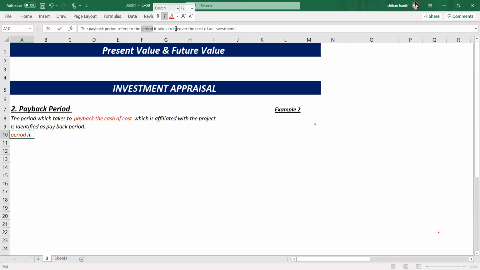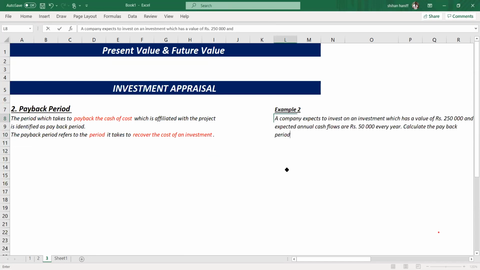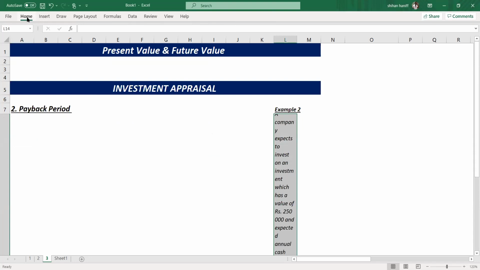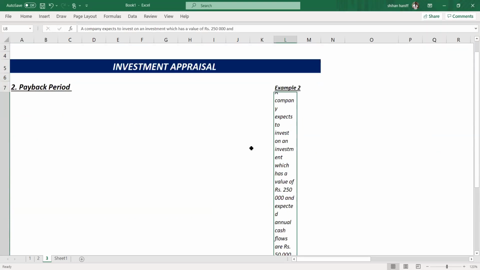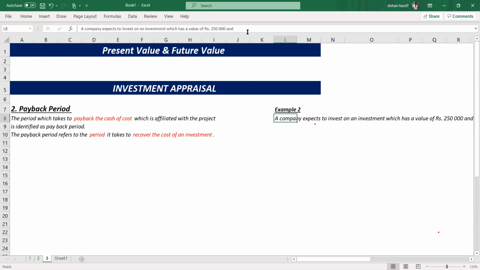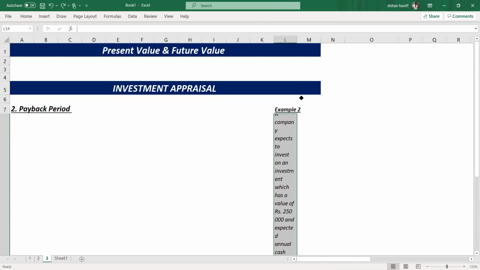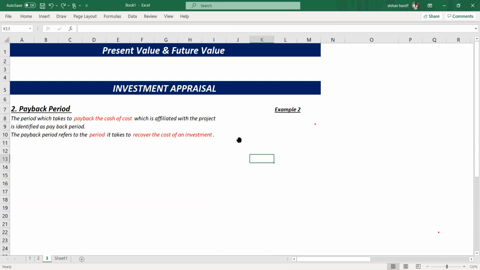How many years and months it takes to recover the cost of investment. Let's do example 2.